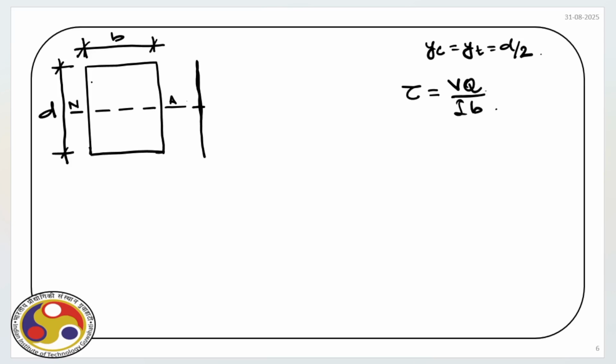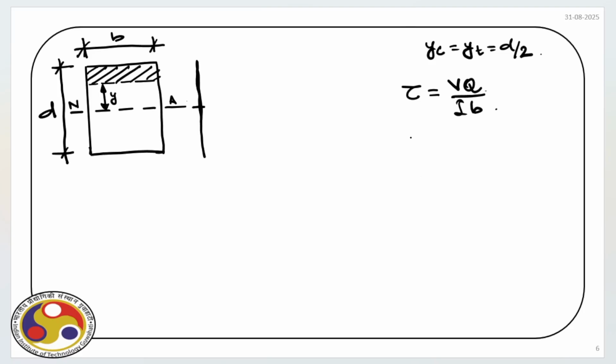So, what we do, we again consider a section at a distance y. So we consider this area above the fiber at a distance y from the neutral axis.